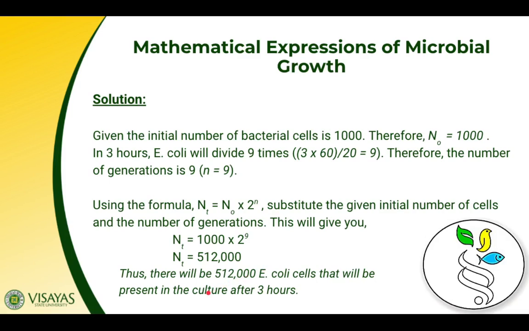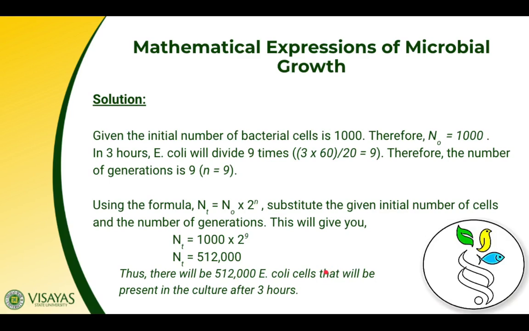Thus, there will be 512,000 E. coli cells present in the culture after 3 hours. So that's how you solve for the expression of microbial growth using this formula.